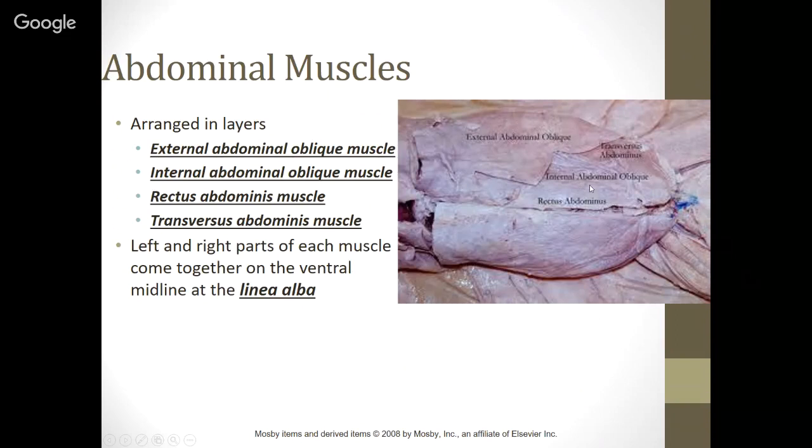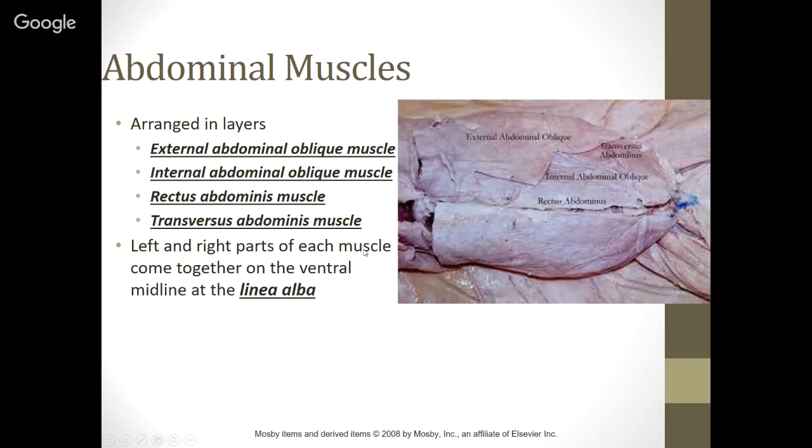The fibers run this direction. We also have the internal abdominal oblique, which is inside underneath the external abdominal oblique, and the fibers run this direction. We have the rectus abdominis muscle, which runs straight right in the middle. And we have the transversus abdominis muscle, which comes down here and runs straight across.